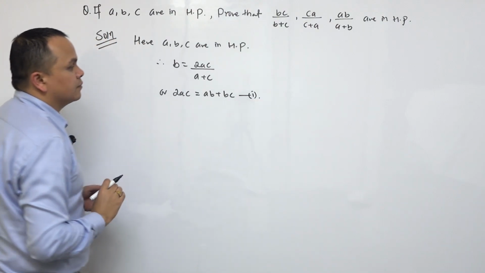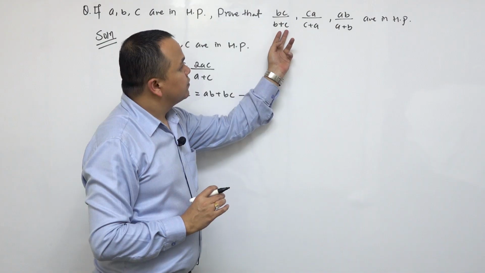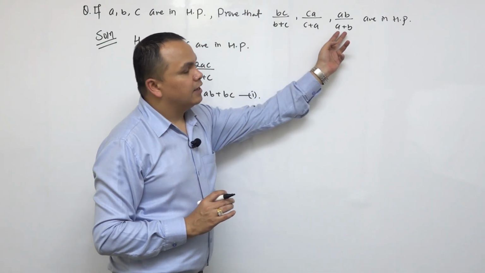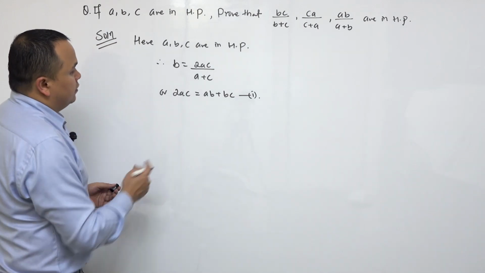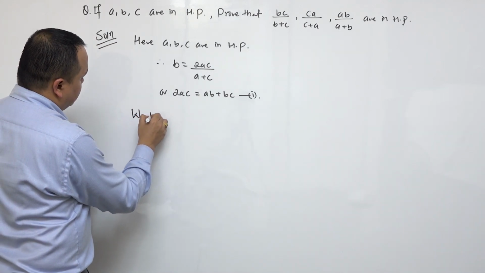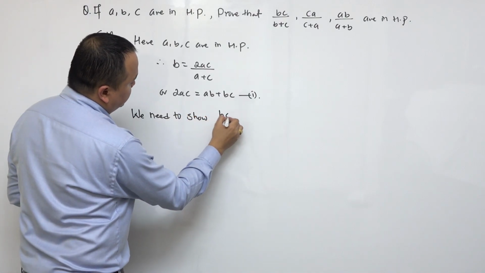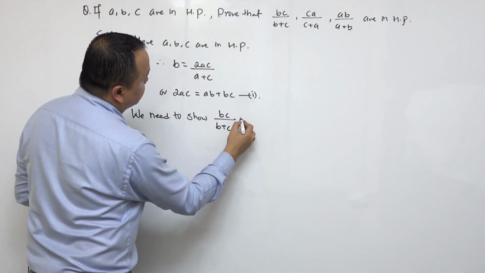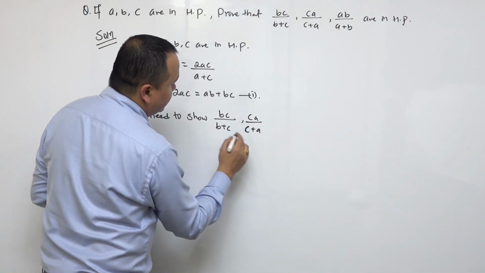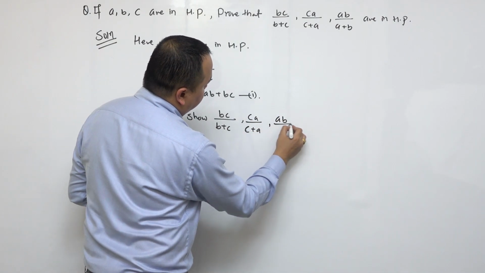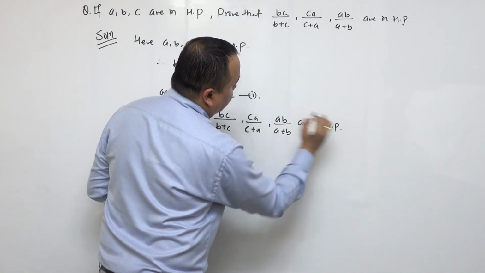Equation I. Now we need to show BC upon B plus C, CA upon C plus A, AB upon A plus B are in HP.